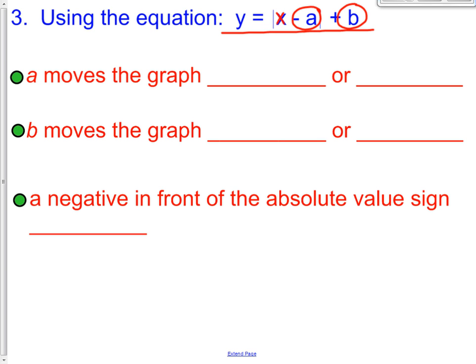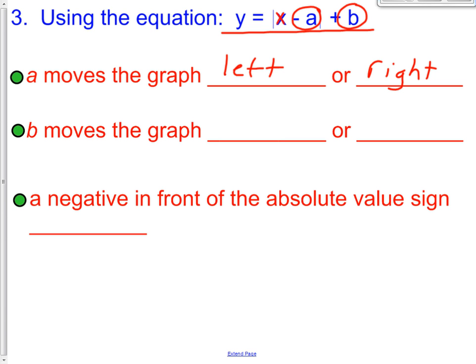A is what we found moves the graph left or right. And remember, this is always the opposite part. If you saw x minus 3, that minus sign says you move it to the right 3. If it was x plus 7, that says that you would move it to the left 7 units.